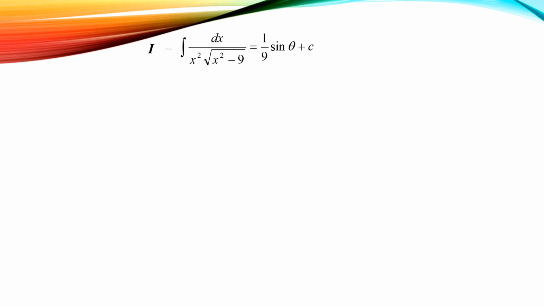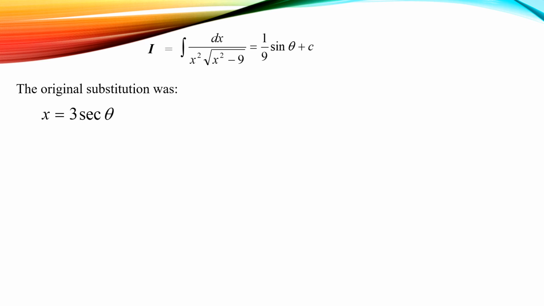So again, we had our answer. The integral is 1/9 sine theta plus c. So if we return to the original substitution, remember that it was x equal 3 secant theta. That defines the trigonometric ratios for a right triangle.